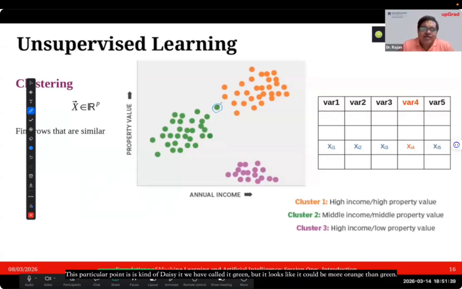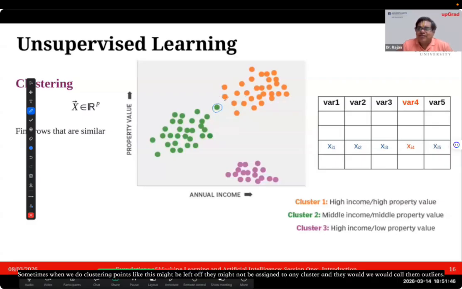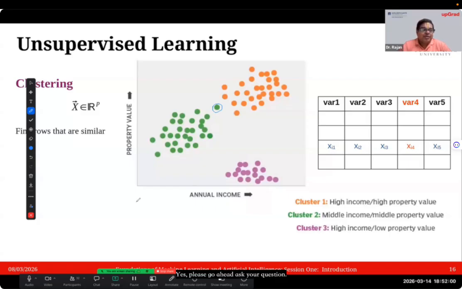We have called it green, but it looks like it could be more orange than green. Sometimes when we do clustering, points like this might be left off. They might not be assigned to any cluster, and we would call them outliers.